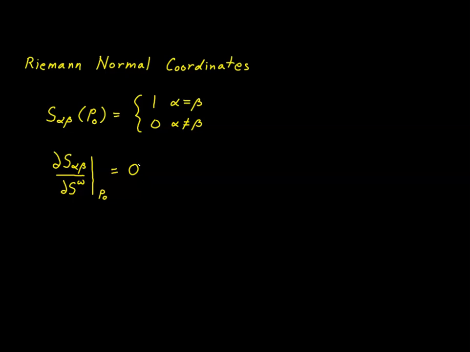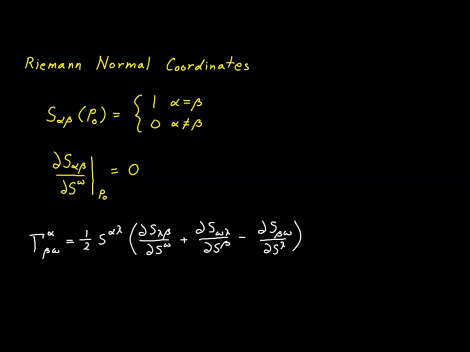All right, well, an immediate consequence of this definition is found by remembering the definition for our Christoffel symbols. Now, the Christoffel symbols are defined in terms of the partial derivatives of the metric tensor.